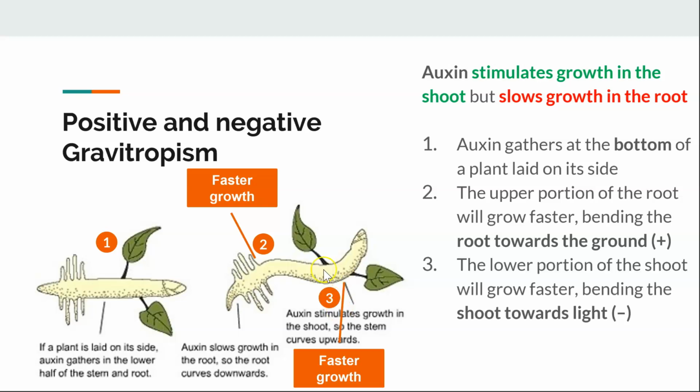In the shoot, however, the auxin on the bottom part of the shoot will cause this to grow faster, thus bending the shoot upwards towards the light. When the root bends towards the ground, we say that's positive gravitropism, and when the shoot bends towards the light, we call that negative gravitropism.